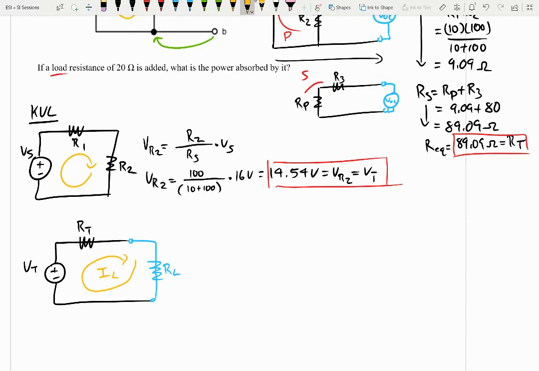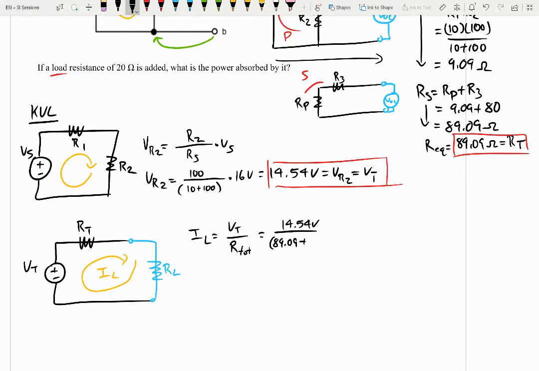with this RL, I'm going to call this a current I of L, so I load. So I of load, if we want to find I of load, will be V Thevenin over R total resistance. So we know that this is 14.54 volts, and we've got 89.09 ohms from the R Thevenin.